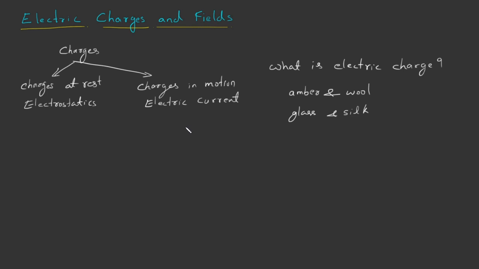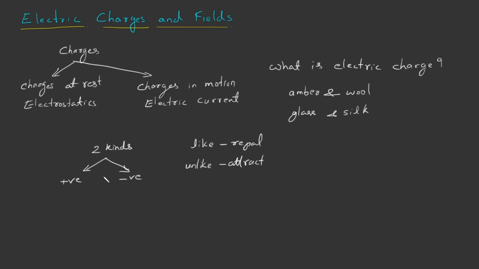These experiments suggest that there are two kinds of charges, and that like charges repel each other and unlike charges attract each other. So there are two kinds of charges, called positive and negative.